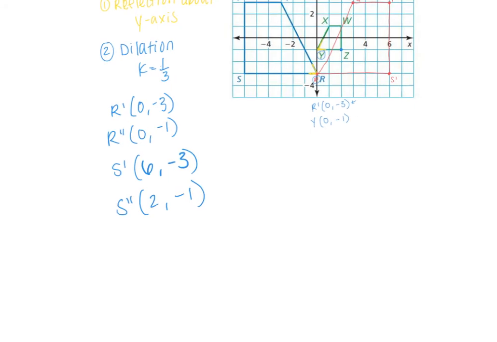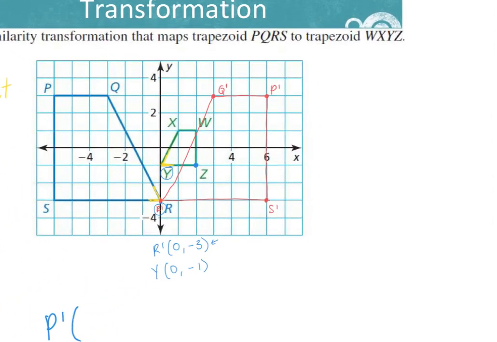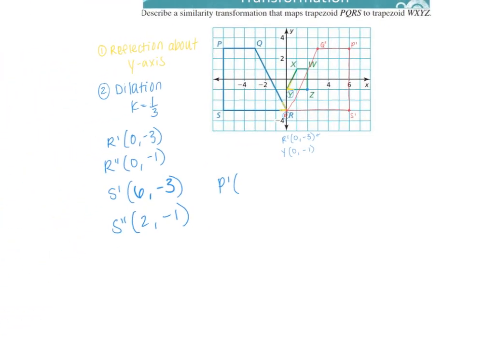And then let's take P prime. P prime is at 6, 3. P double prime, after you multiply both the x and the y term by 1/3, is going to be 2, 1.